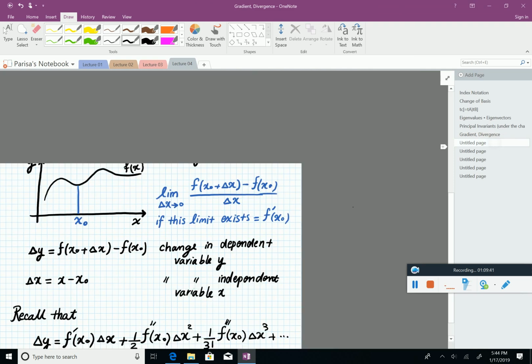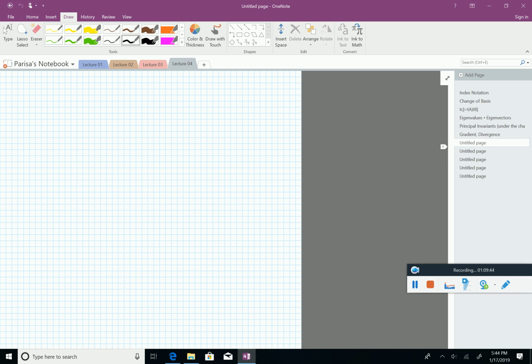Now if I go back, maybe it's not a bad thing actually. If I go back, then if I want to write delta y, it would be dy. We agreed that this is a linear function in delta x, evaluated around point x naught, plus the rest, and the rest we call higher order terms.